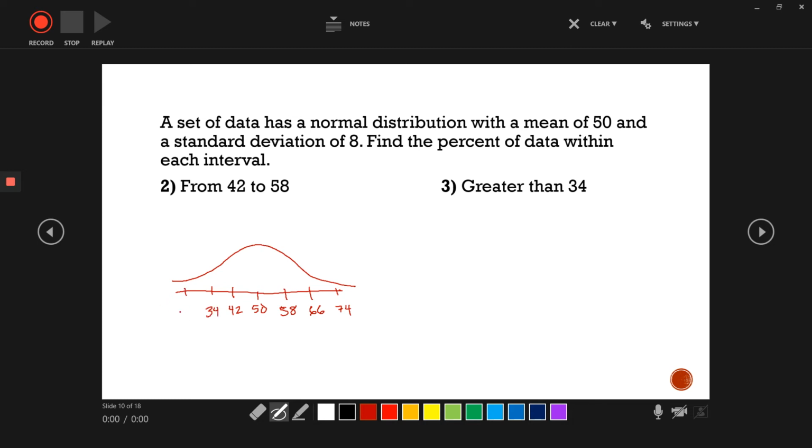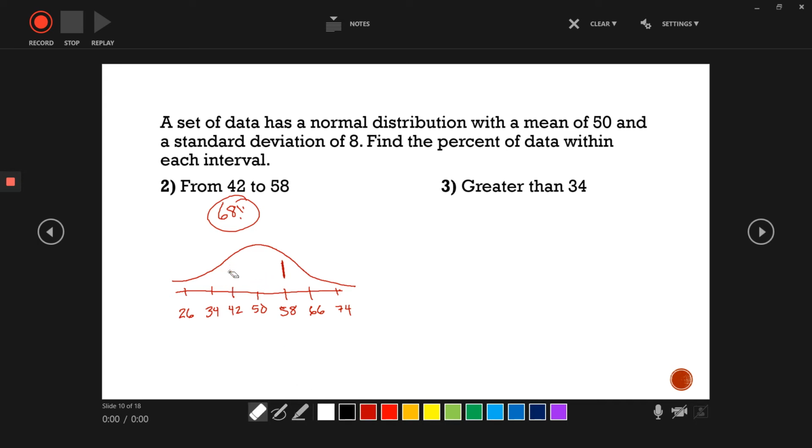And subtract 8. Okay. So the first one asks from 42 to 58. So it wants to know what people are here from 42 to 58. That's the 1 standard deviation away. That's the 68%. Right? Remember, it's 34 and 34 right here.